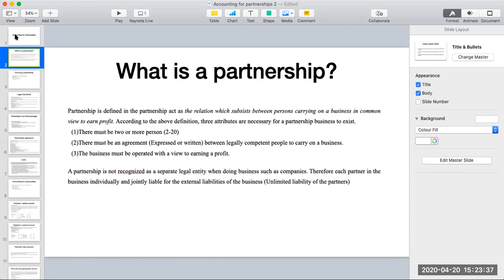Therefore, for the external liabilities of the business, for example an amount owed to an external creditor, all the partners are individually and jointly liable, because the partners' liability is unlimited.